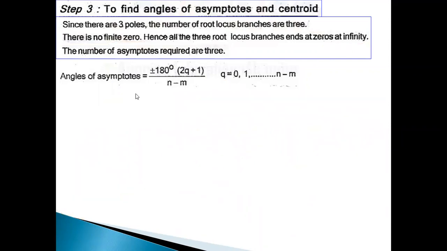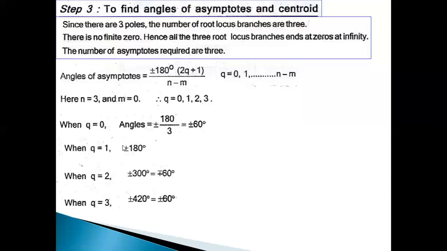The angle of asymptotes formula is given by plus or minus 180 into (2q plus 1) divided by (n minus m). This we have to remember. We already know n minus m is 3 minus 0, that is 3. The q value initially we take as 0, so 0, 1 and 2, because up to n minus m we have to calculate the angles of asymptotes.